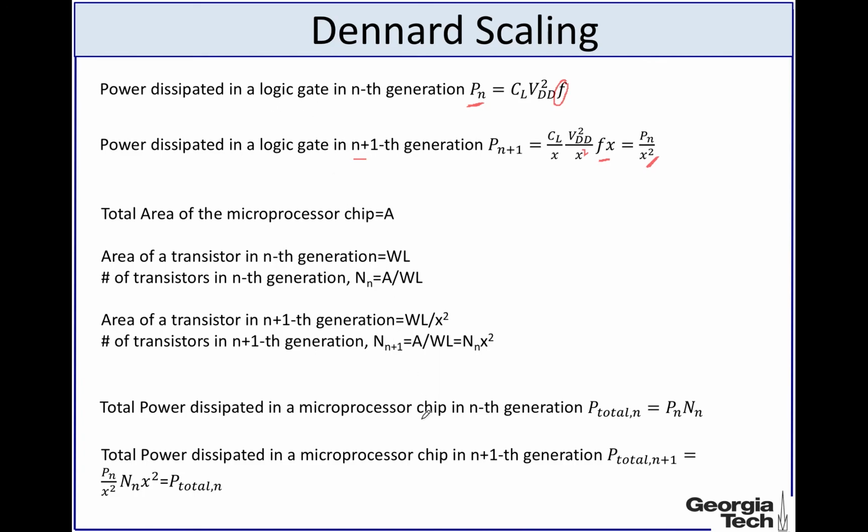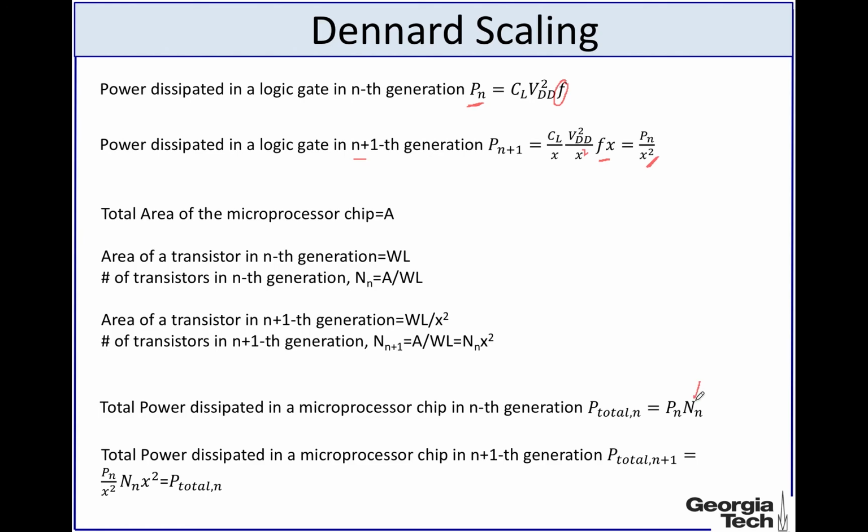All right. So now if you look at the total power dissipated in the microprocessor chip in the nth generation, the total power will be Pn multiplied with Nn. Nn, what we have defined previously, is the number of transistors in a microprocessor.